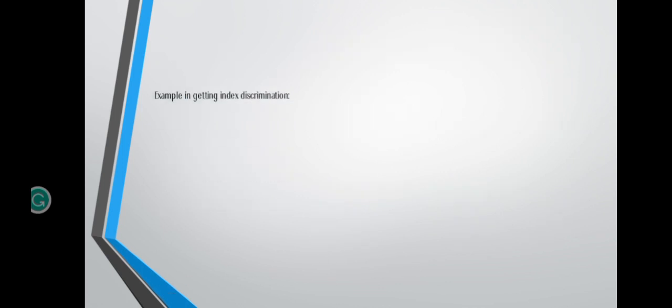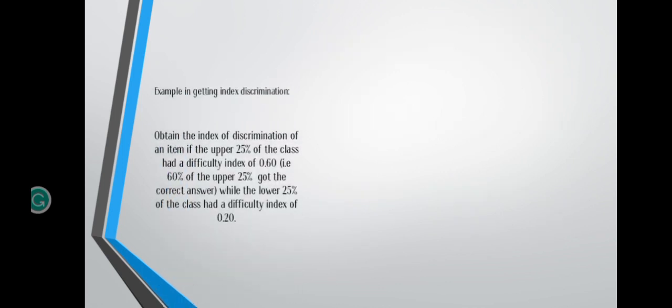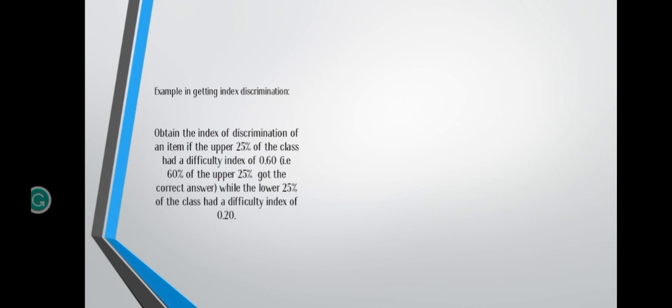While in getting index discrimination, obtain the index of discrimination of an item if the upper 25% of the class had difficulty index of 0.60. Nakakuha daw sa upper 25% of the class ng tamang sagot is 60%, while sa lower 25% of the class is 20% lang.